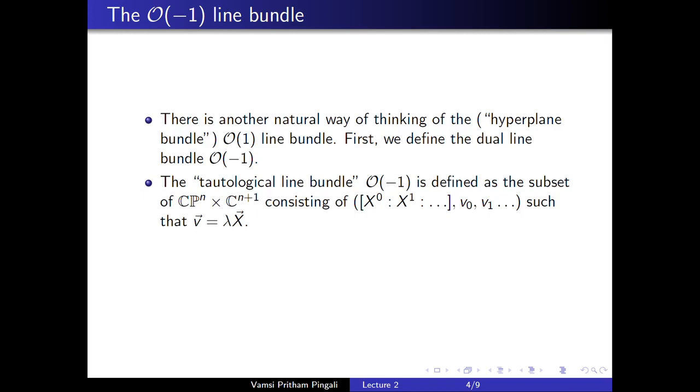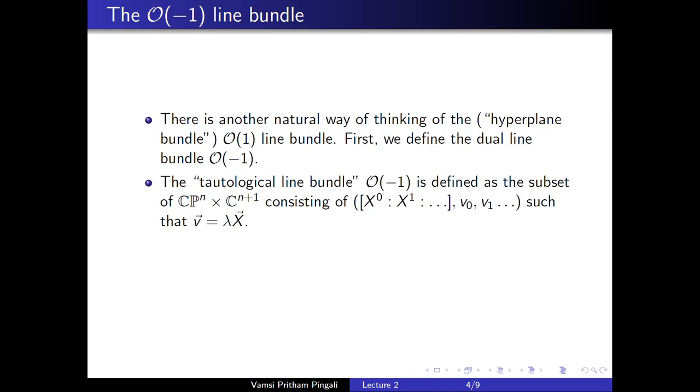Basically, what is CP^n geometrically? It's simply the collection of lines, complex one-dimensional vector spaces passing through the origin. So every point in CP^n is a line. What's the most obvious vector space we can associate to this line? Well, the one-dimensional vector space it represents.